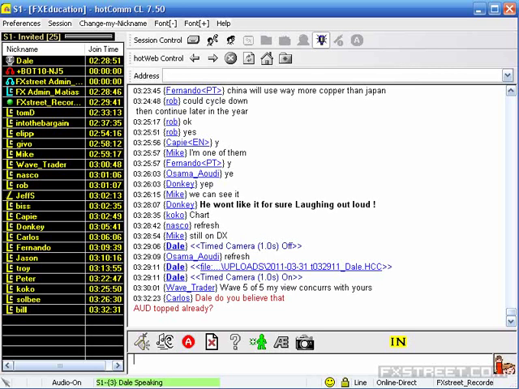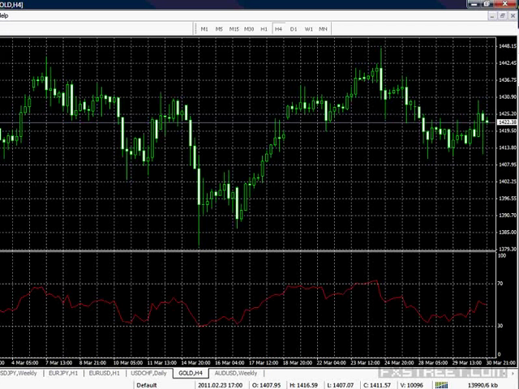Best guess after the NFP number at the latest Monday, Tuesday, 104. Just a guess. I need to see price action before I execute though. But I do plan ahead. And that's something else I want to stress to everybody, is to do your analysis before you trade instead of on the fly.